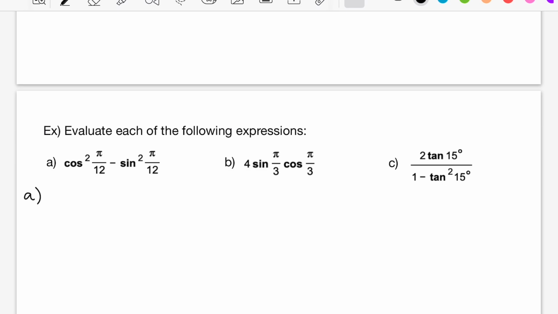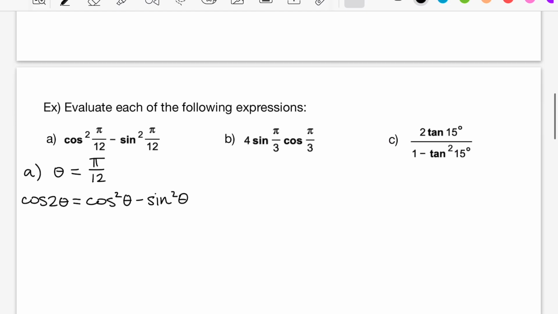Notice that this is the same identity for the double angle for a cosine function. Cosine of 2 theta is equal to cosine squared theta minus sine squared theta. In this case, we have exactly that here, and theta is equal to pi over 12.